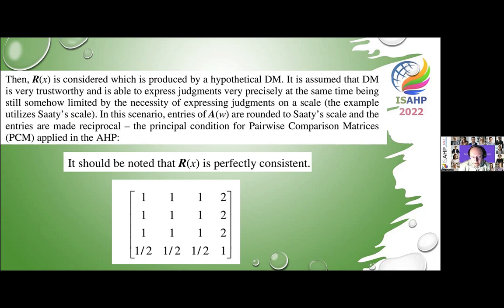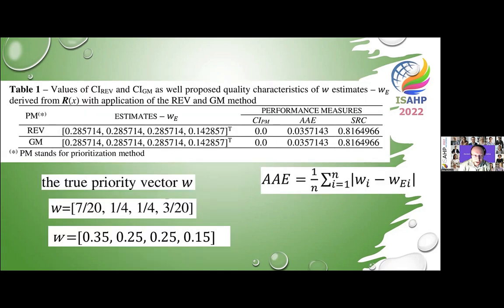In this case, you can notice that this pairwise comparison matrix is perfectly consistent, so each applied method will give exactly the same priority vector. I gave you an example of the right eigenvalue method and the geometric mean method, and the priority ratios given here are exactly the same.